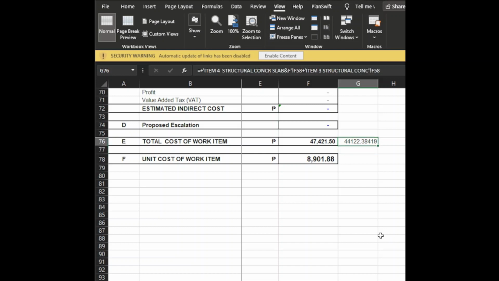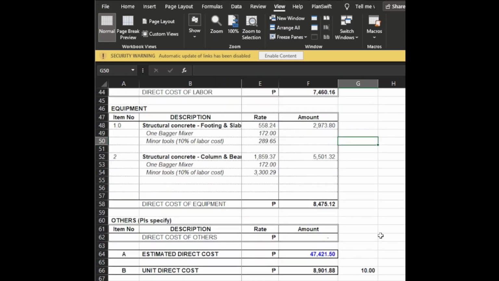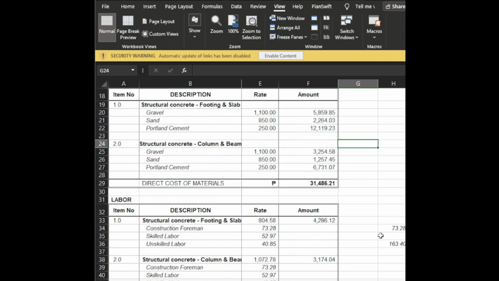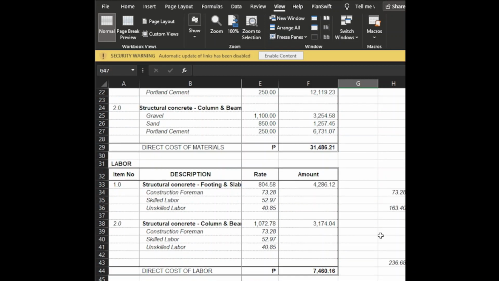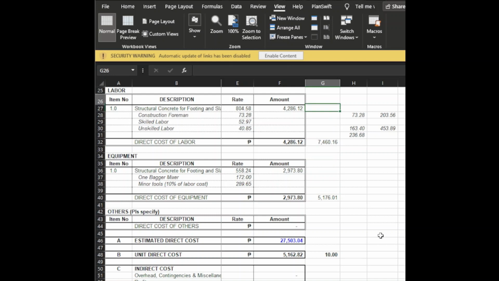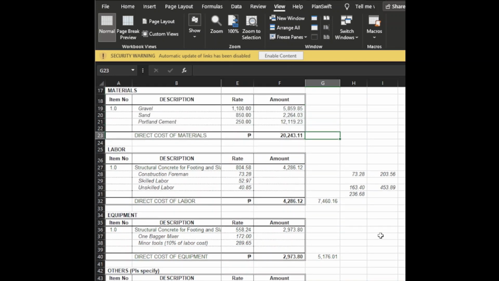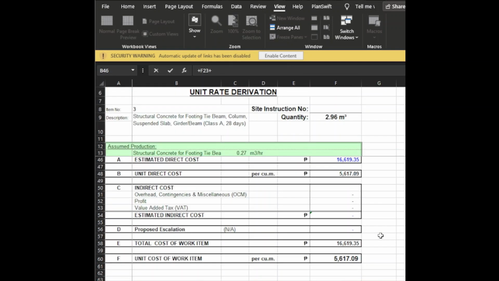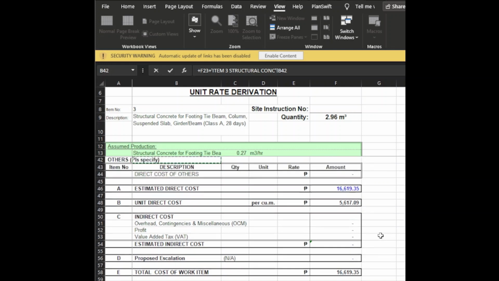This is 44 again, so there is a difference of 3,000. Wait, 31,000 for the labor, 7,000 for the materials, 31,000. Okay, wait, we will plus this one to these materials here.